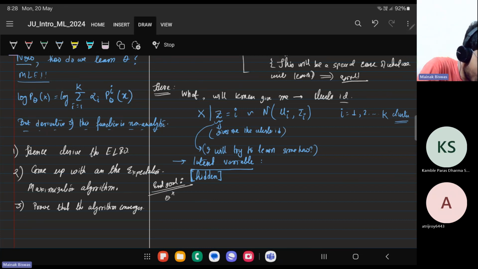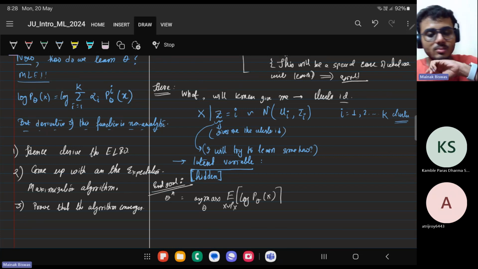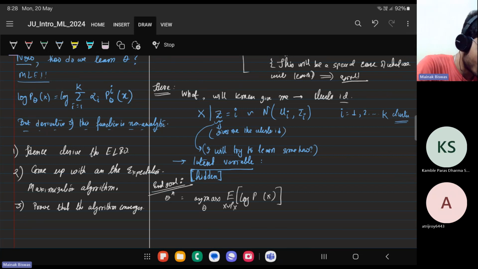The end goal is theta star equal to argmax over theta of log p theta of x, over the data distribution. You have to maximize the probability of the parameters. This is the end goal.